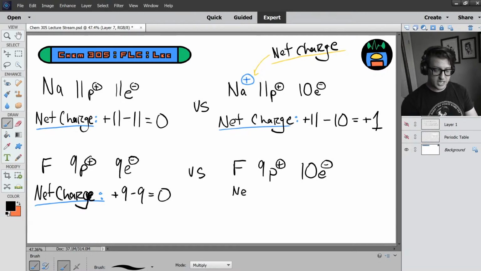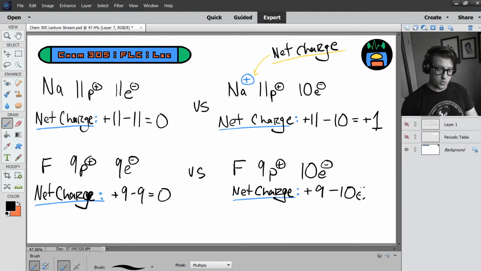And our net charge here will be, we have 9 protons, so that's a total positive charge of 9. And we have 10 electrons.